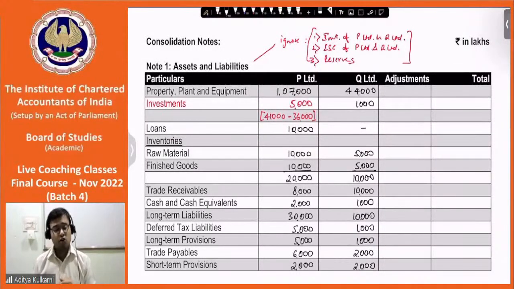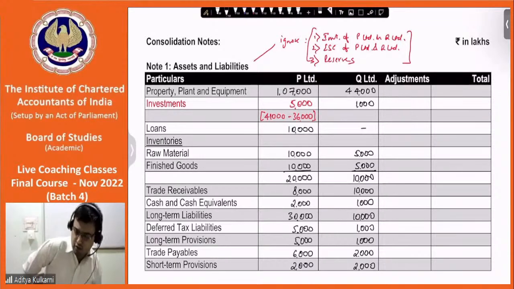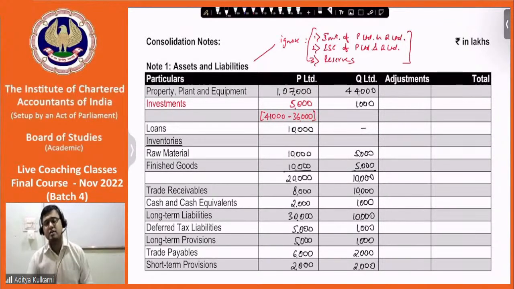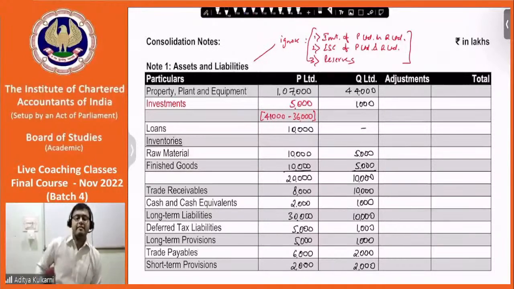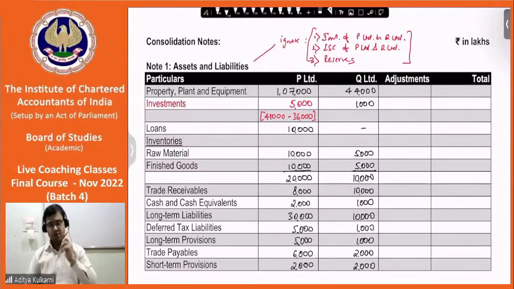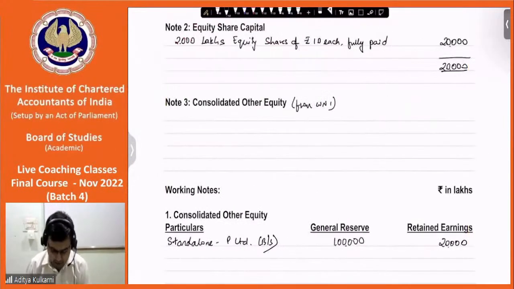And therefore, Q Limited will not get even 1 paisa out of the consideration that you are giving. That is why the bank balance of Q does not increase, because it is not given to Q, it is given to owners of Q. So Arpita, hope that it's clear. Yes. All right. So Vidula has confirmed. So far it is fine.